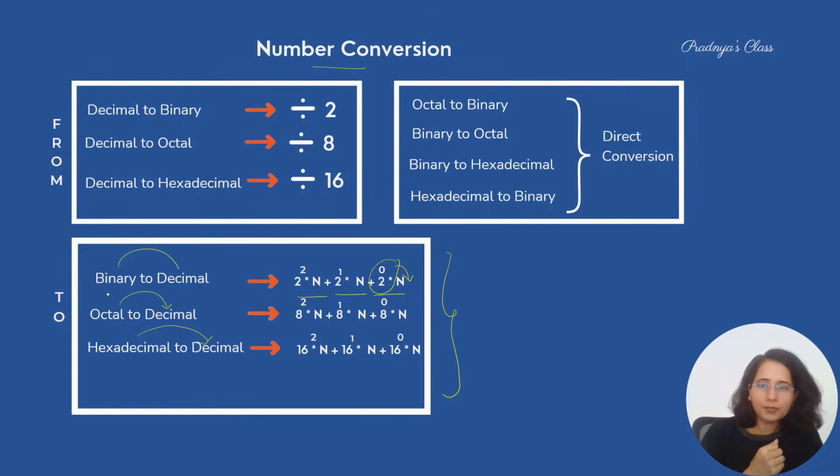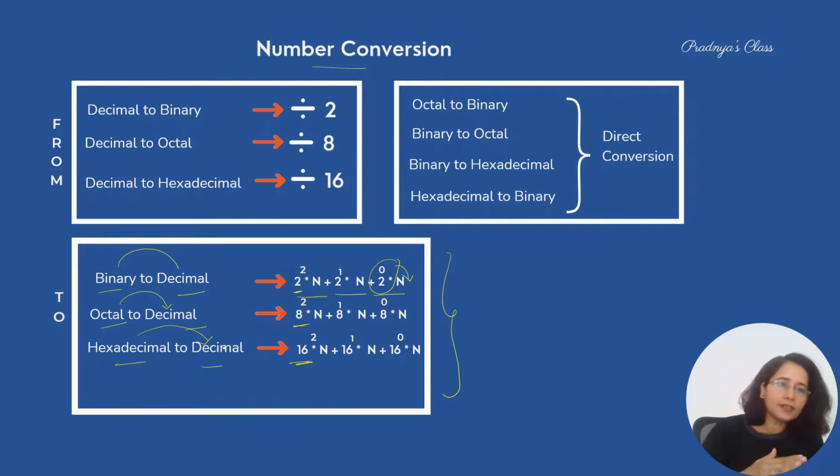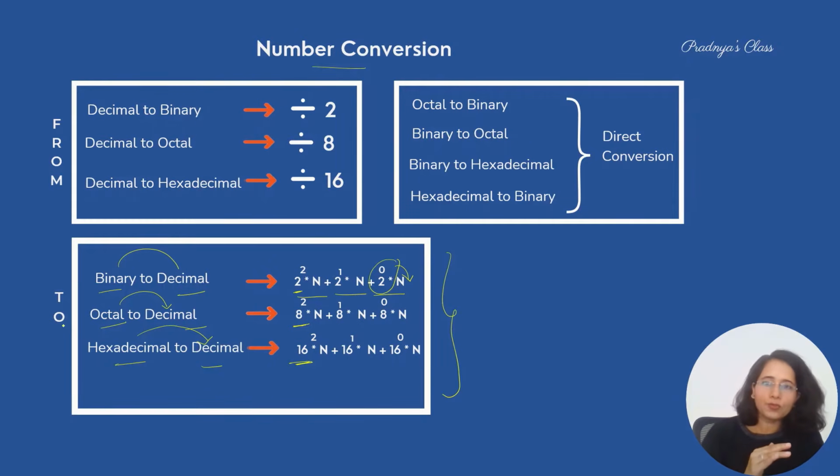So if we are converting from binary, we have to take the base 2. If we are converting from octal, we have to take base 8. And similarly for hexadecimal, the base is 16. So this one set we have already studied. In this set, we have to convert to decimal from other number systems. So keep in mind this set we have already studied.